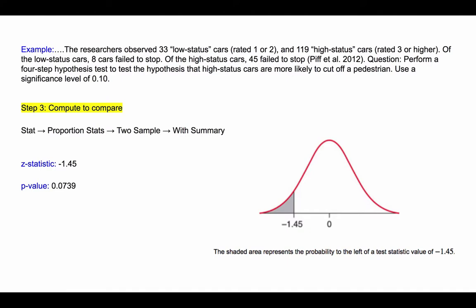So a Z-score of negative 1.45 is when P1 minus P2 is a negative number, where P1 is less than P2 by a Z-score of negative 1.45. Now the shaded area represents the probability that P1 minus P2 is even more extreme than negative 1.45 on the left, in the sense that more extreme where P1 is less than P2, but not bigger than it. If P1 was bigger than P2 by that amount, it would be like the stuff on the right.